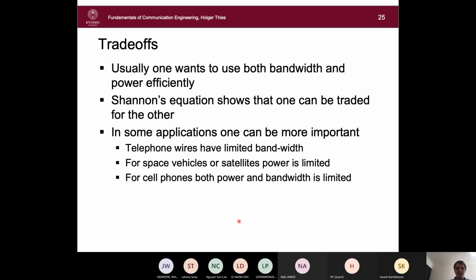And for cell phones, both are very important. Having a high bandwidth is important to have good internet connections, but cell phones also shouldn't use too much power. So both power and bandwidth are very limited, and we have to be careful using those resources.